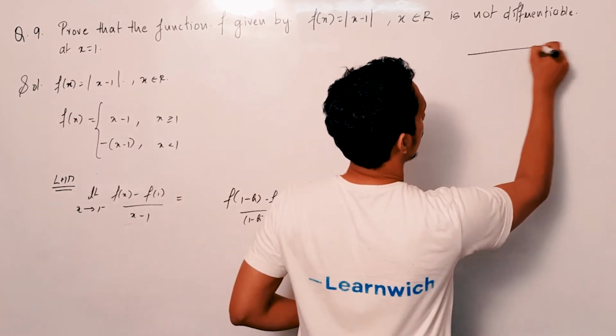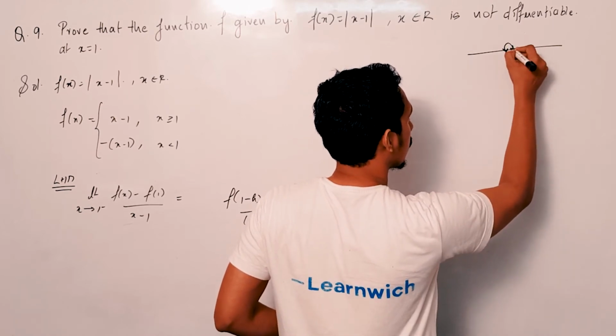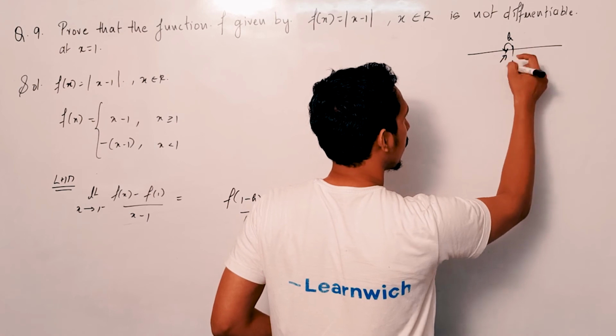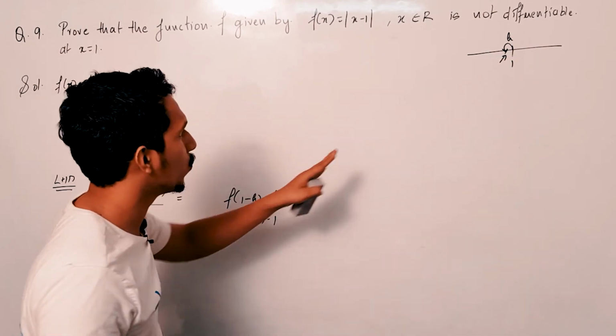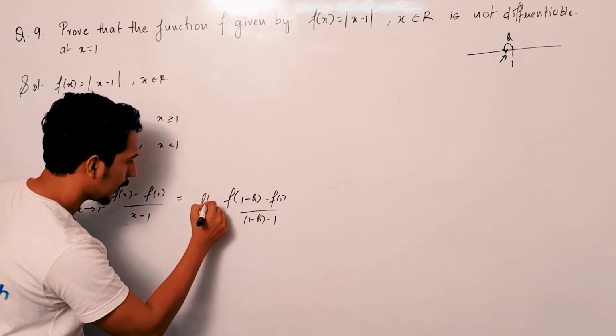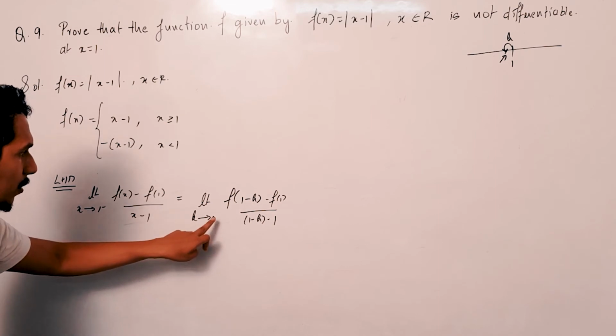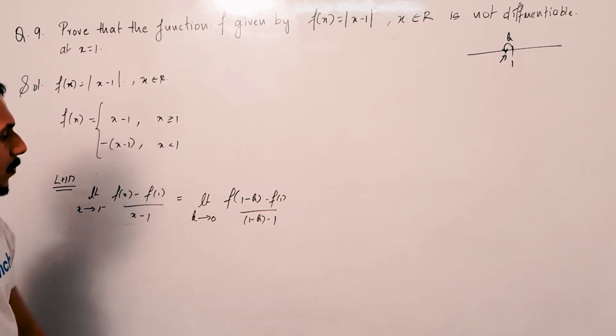Let's say here is a number line, this is 1, x lies somewhere here, some quantity here. So I am writing it as 1 minus h, and that h is so small that it tends to 0. Limit h tends to 0, f of 1 minus h minus f of 1 by 1 minus h minus 1.